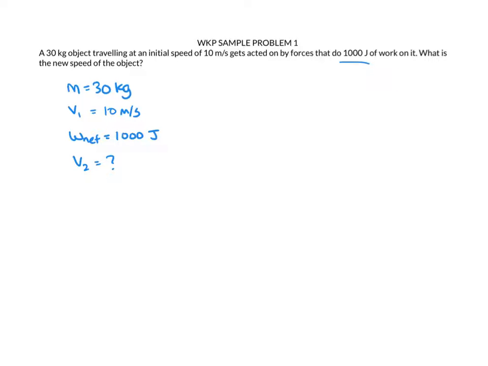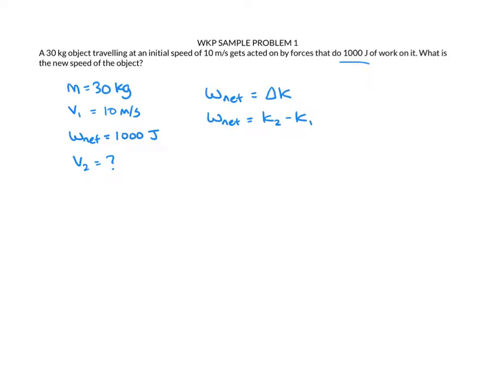And I am going to simply apply the new formula or principle for this week, which is the work-kinetic energy principle, which has a formula of net work equals the change in kinetic energy, which almost automatically gets replaced by K2 minus K1 when solving problems like these.